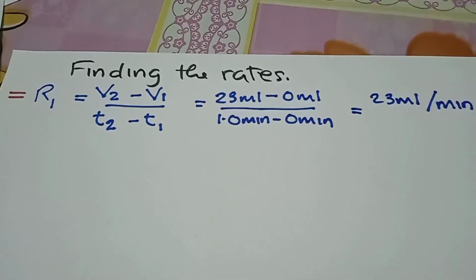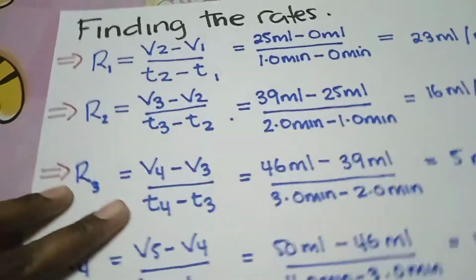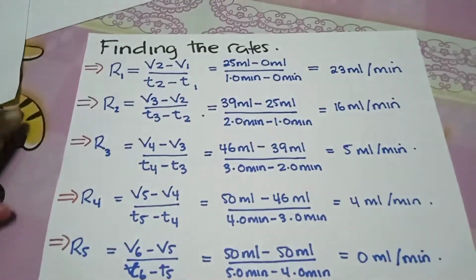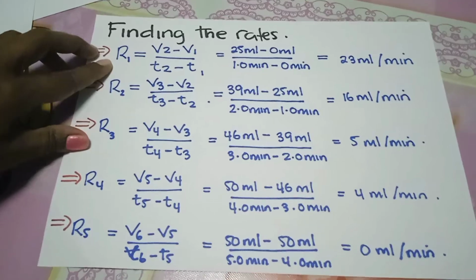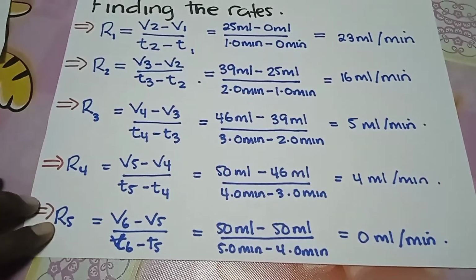So this one is for the first one. You will then continue on with the rest, and I have already done that for you. When you look at it, that's rate 1, rate 2, rate 3, rate 4, rate 5.